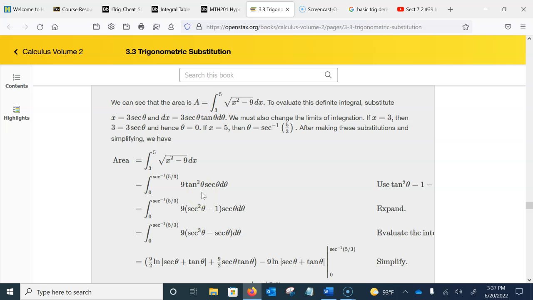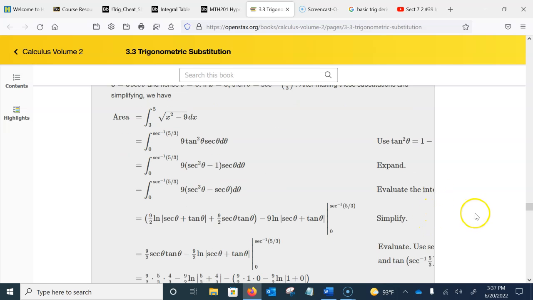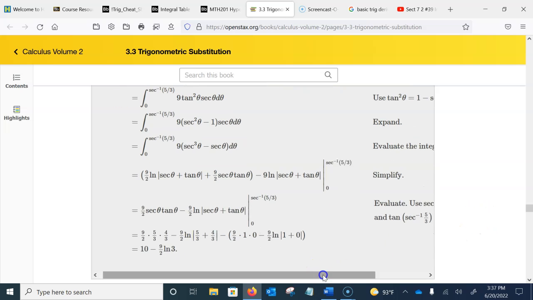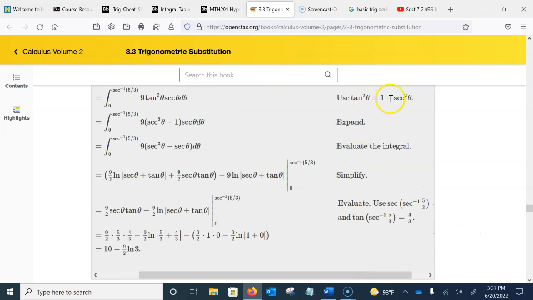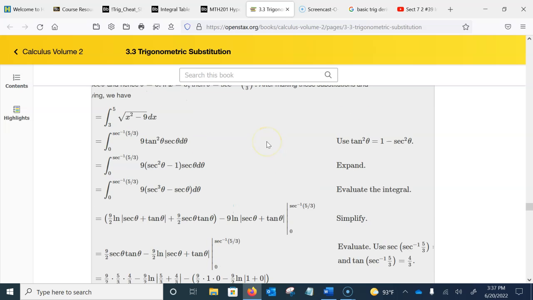Okay. So now in this particular example, they're going to use a trig identity. Tangent squared theta is 1 minus secant squared theta. And so right here, they're replacing it with secant squared theta minus 1. There's the secant theta, there's the secant theta.